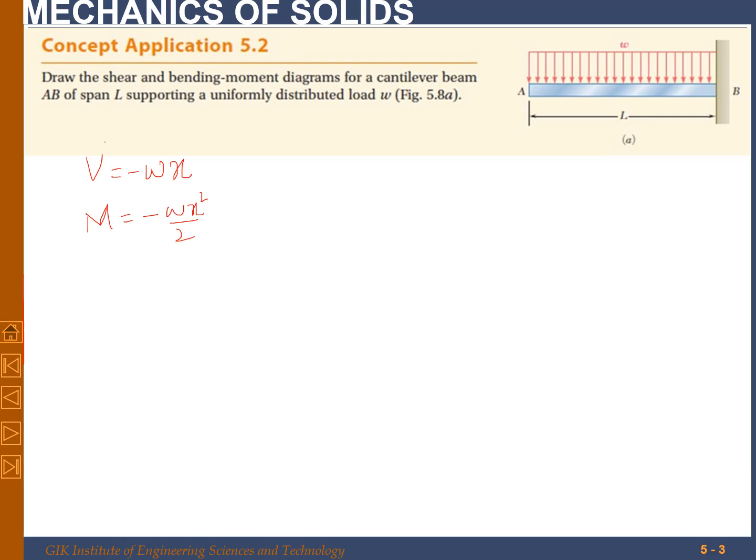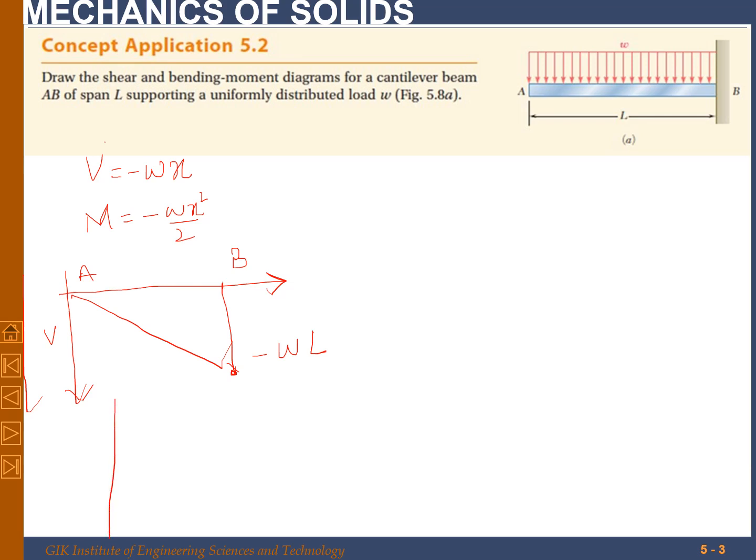Considering the shear force, the vertical axis is V and the horizontal axis is the length of the beam, with points A and B. The shear force will vary linearly, and the maximum value will be minus WL.